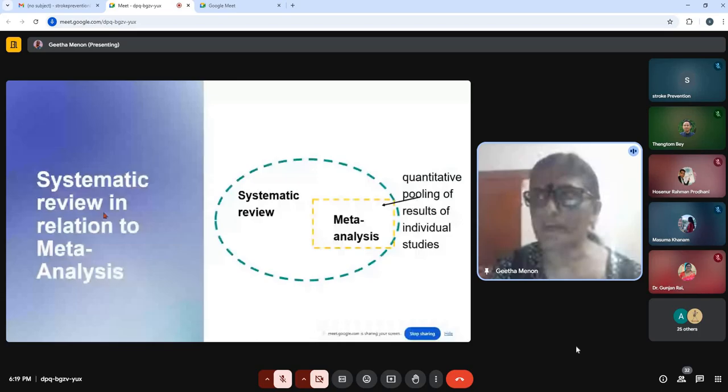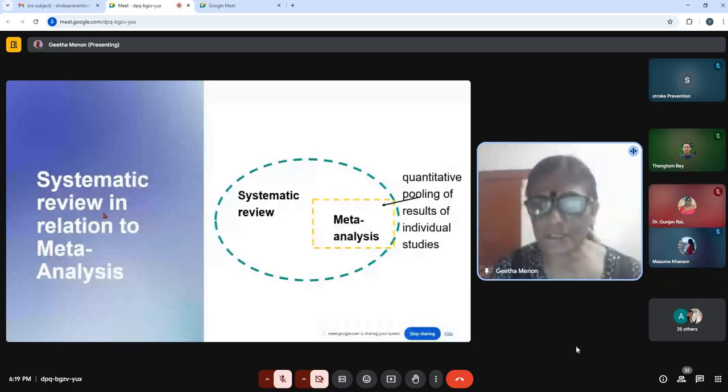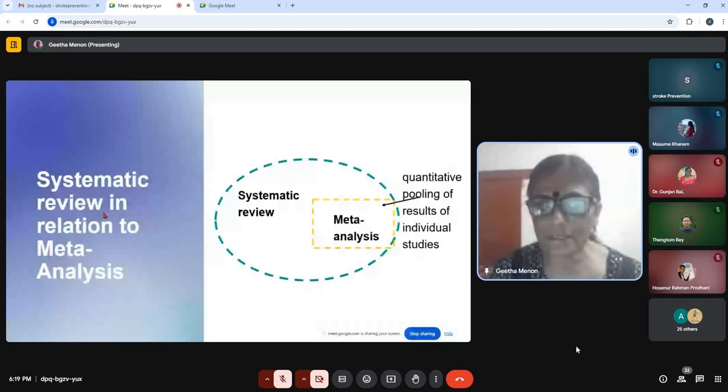We have all seen that it is done with a clearly stated set of objectives. There is an explicit, reproducible methodology to do a systematic review. A systematic review has primary studies in the review, and all these primary studies have to meet an eligibility criteria.